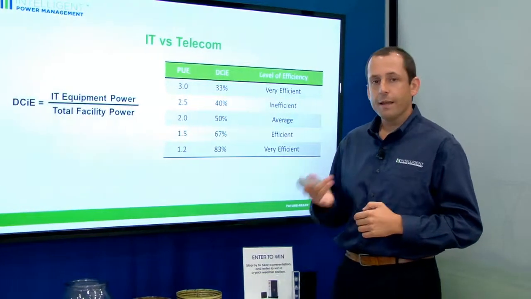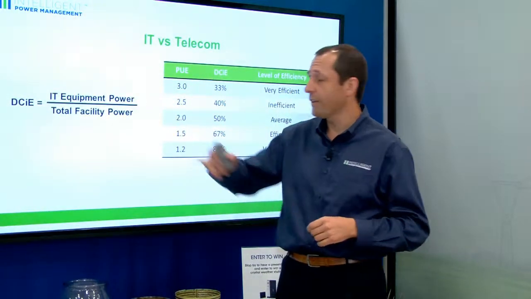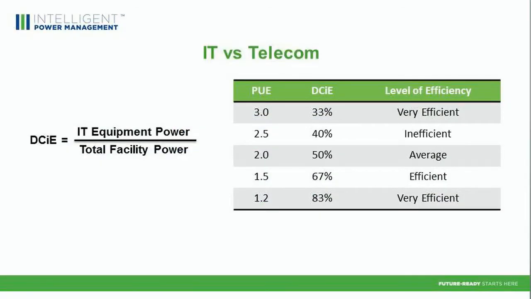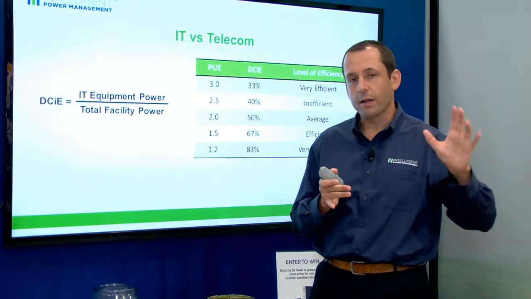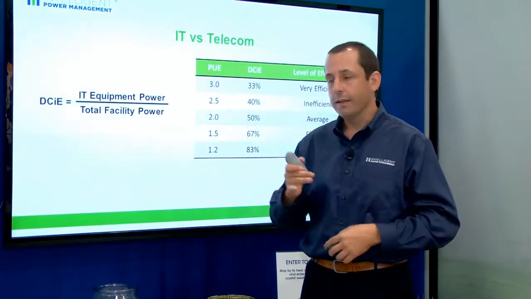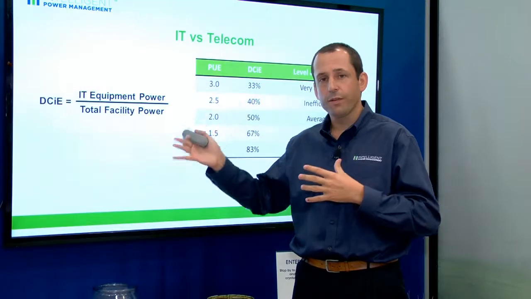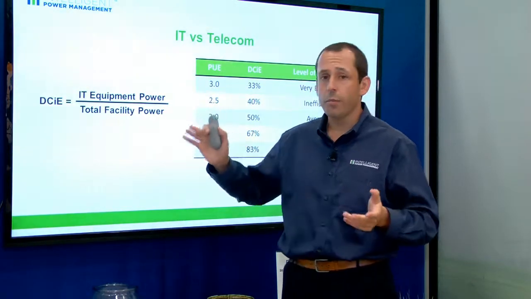Another indicator that also comes from the IT environment, both by the way, the PUE and the DCiE, which stands for Data Center Infrastructure Efficiency, they're both suggested by the Green Grid organization. They have been widely adopted by the industry, and one divides the total facility power by the IT equipment, the other one does the opposite.